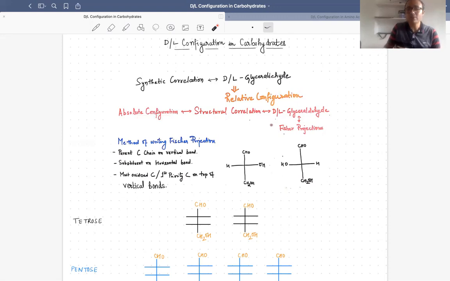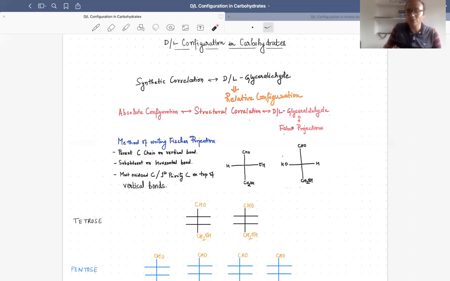So now, after knowing the absolute configuration, we apply the DL configuration on the basis of structural correlation. So now the correlation that we do is not a synthetic correlation, but rather a structural correlation.